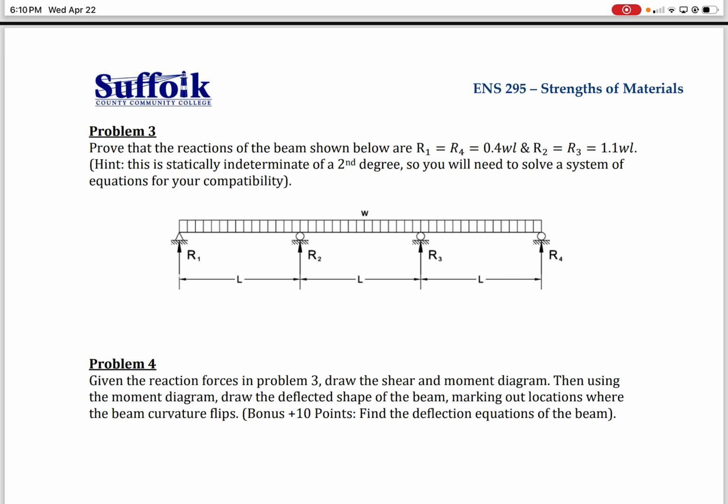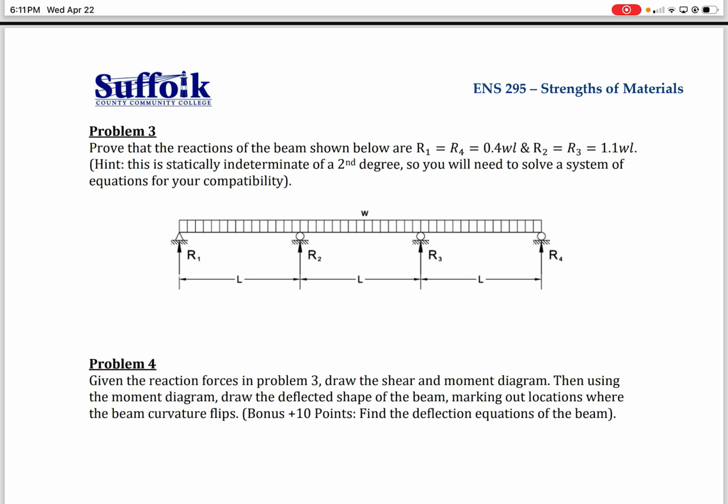In this case, I would probably use a simply supported model. From there, you would calculate the deflections at R2 and R3 from the distributed load, then the deflections at R2 and R3 from R2, and then the deflections at R2 and R3 from R3.